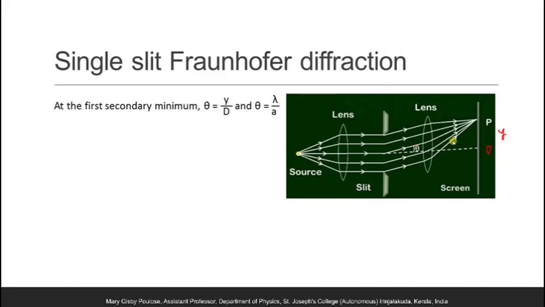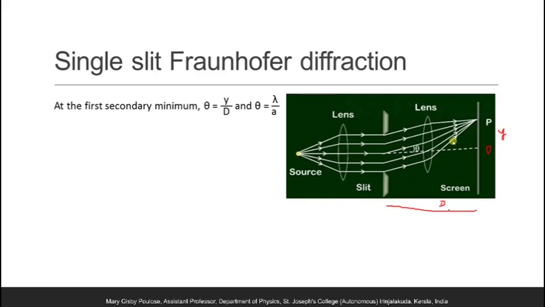If the angle between the diffracting ray and the optic axis is theta and the distance from the slit to the screen is capital D, we have the expression that angle theta is equal to arc by radius. So from that we get angle theta is equal to y by D.